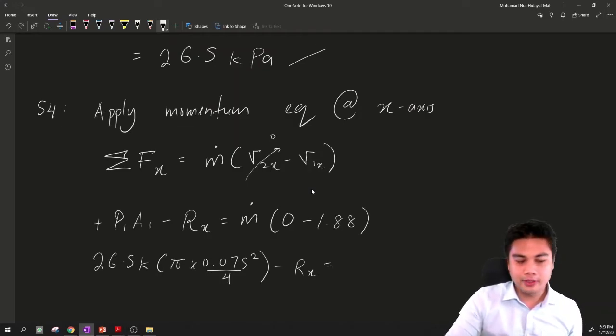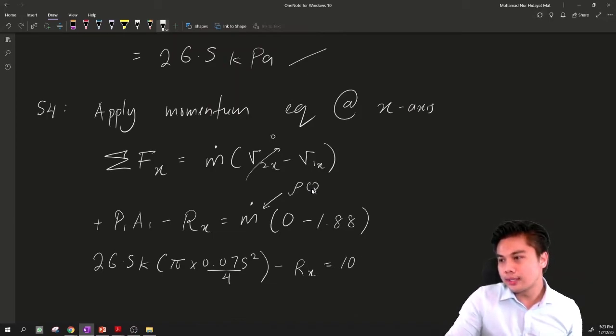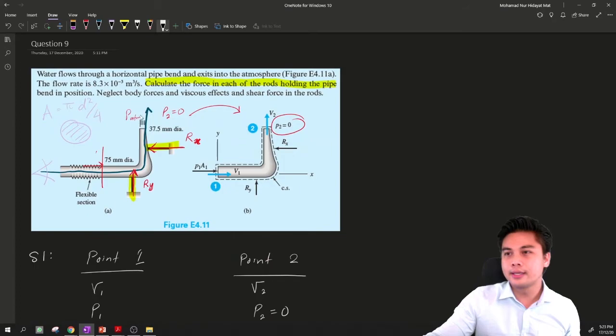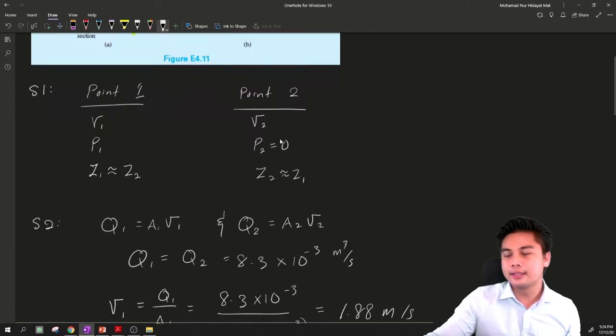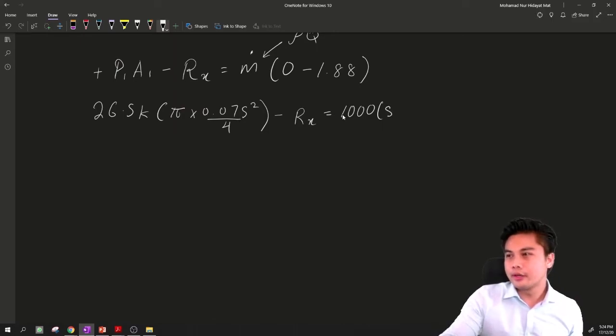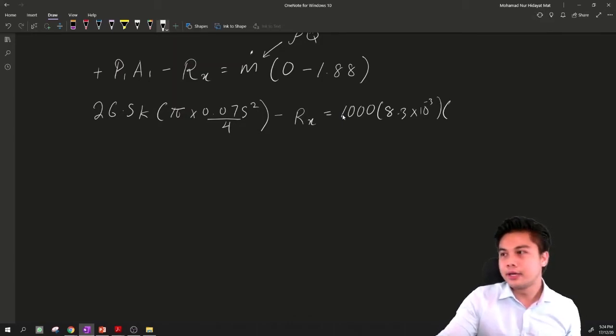Alright, the mass flow rate is actually equal to rho Q. Rho of water is 1000. The volume flow rate given here is 8.3 times 10 to the power of negative 3, multiplied with negative 1.88.